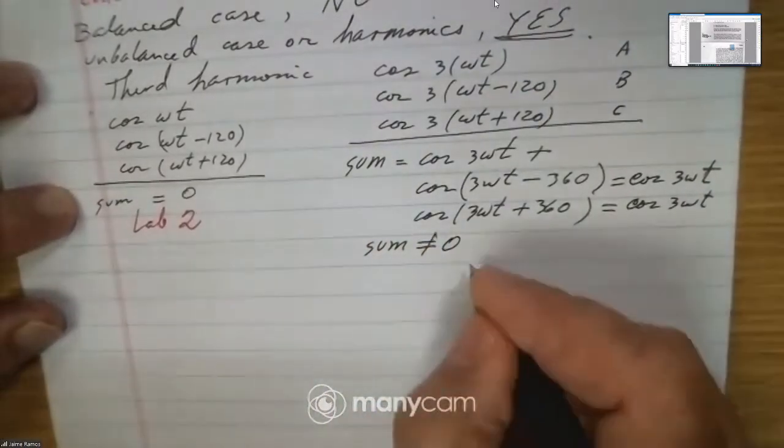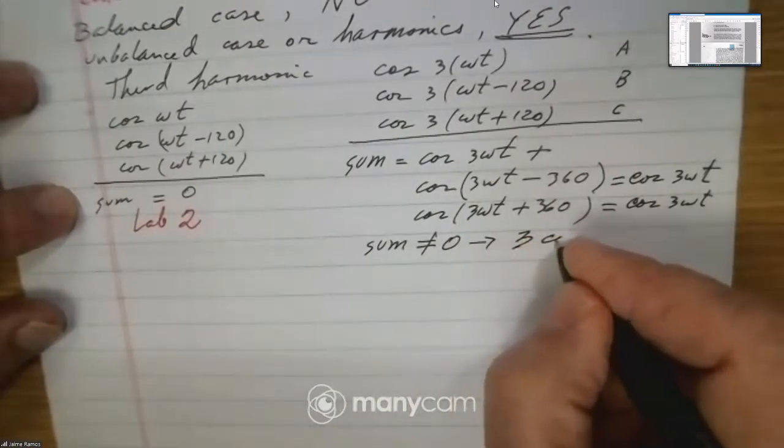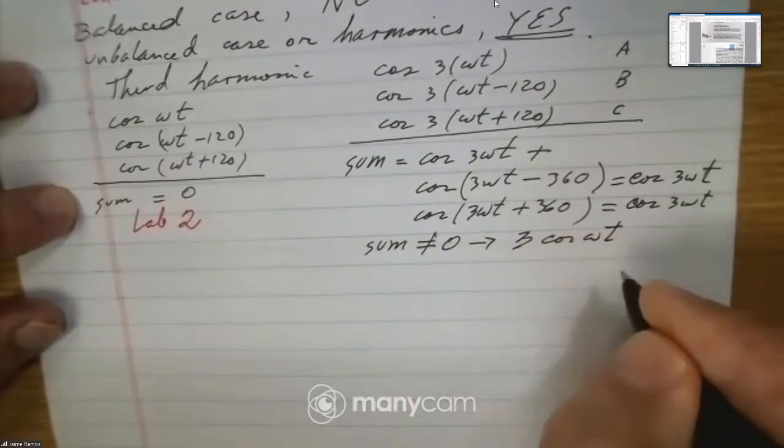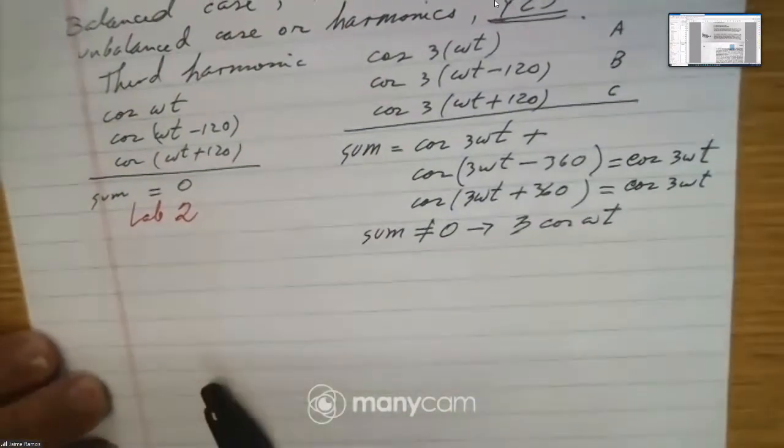The sum is equal to 3 times cosine 3 omega t. See the difference here?